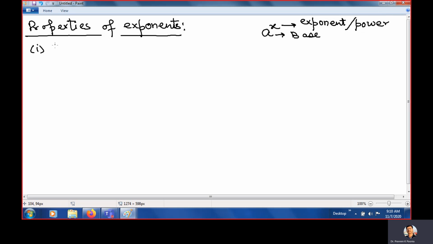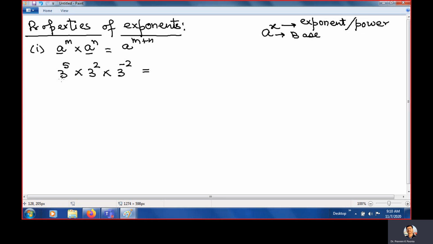Based on this exponential function a power x, we have 7 to 8 important properties. Property number 1. If a power m times a power n, because the bases are the same, the powers are added. For example, 3 power 5 times 3 power 2 times 3 power minus 2.